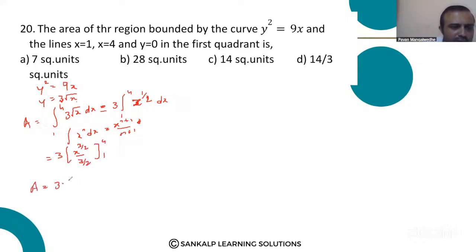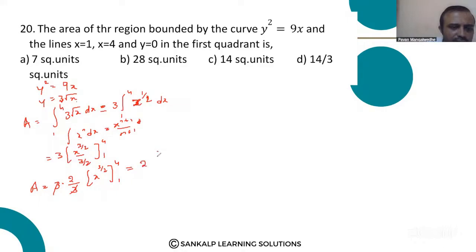That is 3 into 2 by 3 x raised to 3 by 2 from 1 to 4, which can be written as 3 and 3 got cancelled.